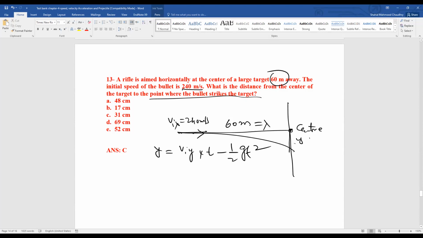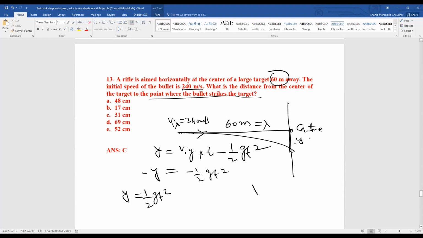ViY from here is 0. So minus 1 over 2 g t square, and this is equal to minus Y, because final and initial, when you solve this one, it will be minus. Now we need the time. So Y is equal to 1 over 2 g t square.